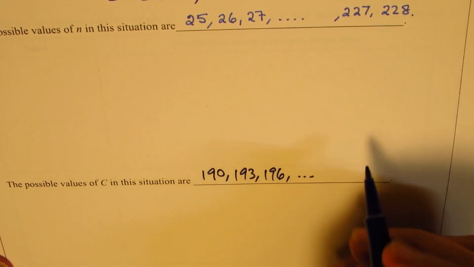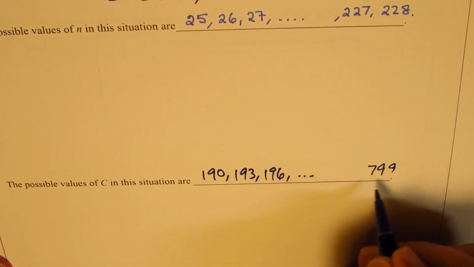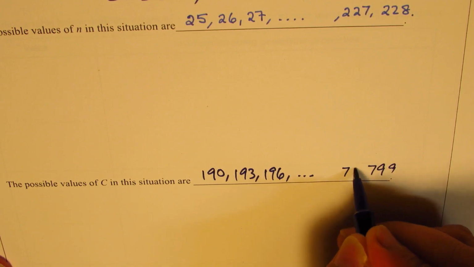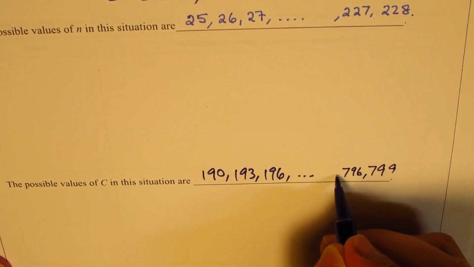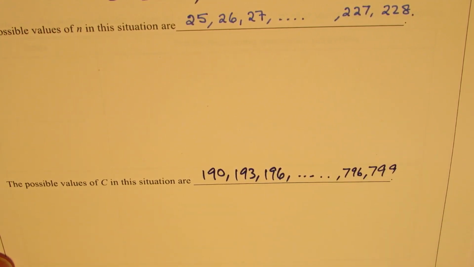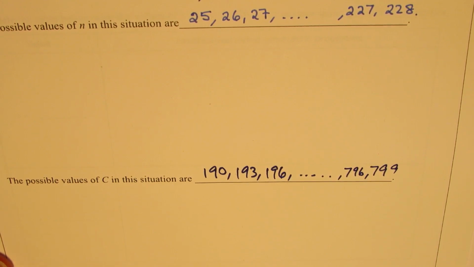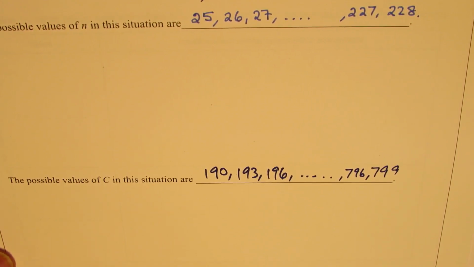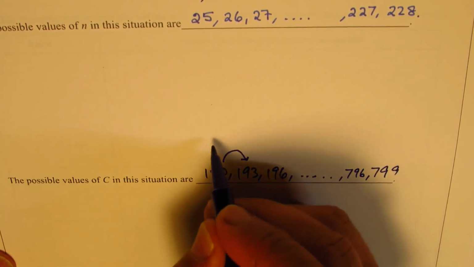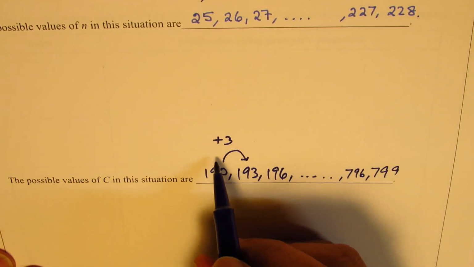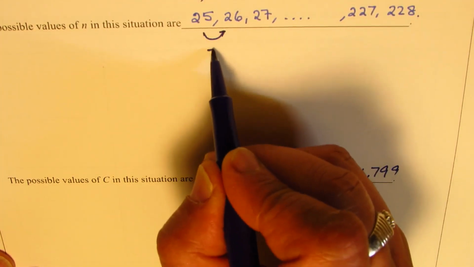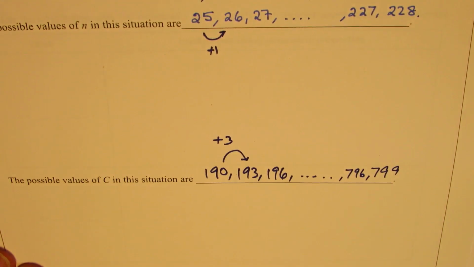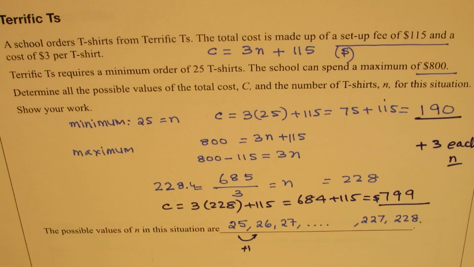And we can do 799 as the last one, and then 796 and so on, right? So that is how we can get all the values. Is that clear to you? So this number here is increasing by 3 each time, and this number here is increasing by 1 each time. Perfect. So that is how we are going to answer this question.